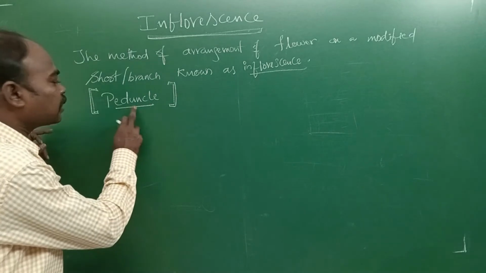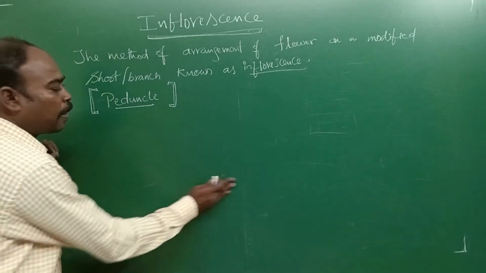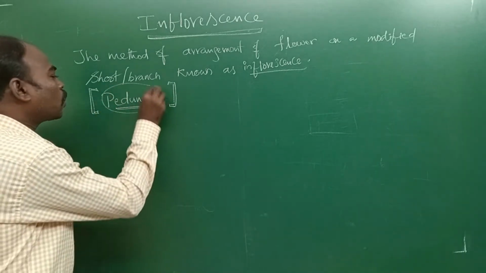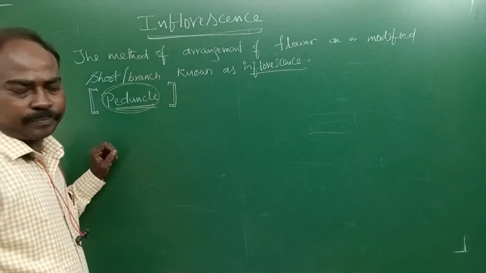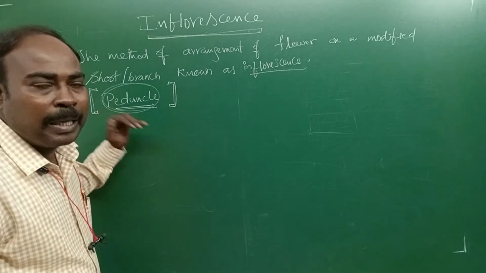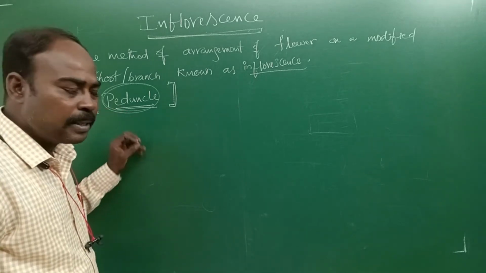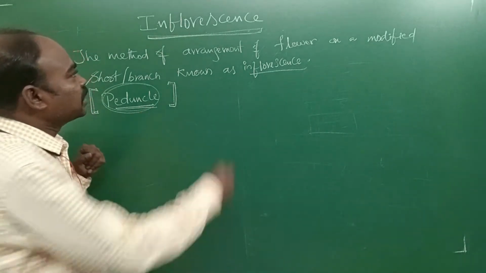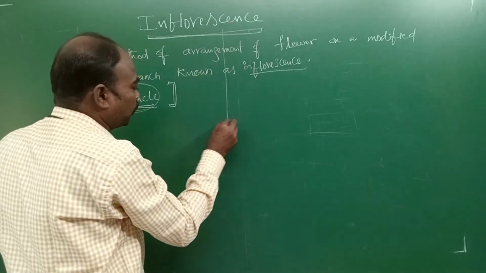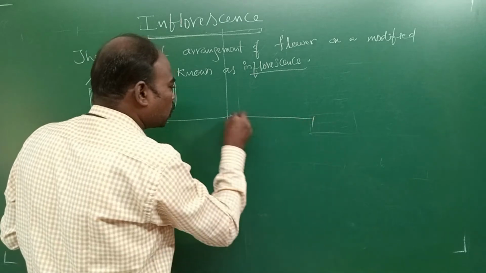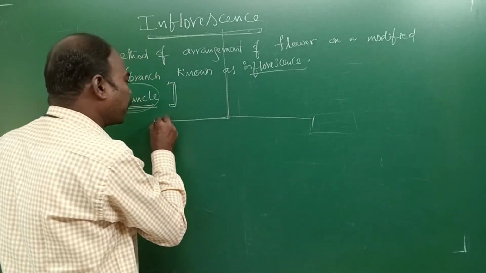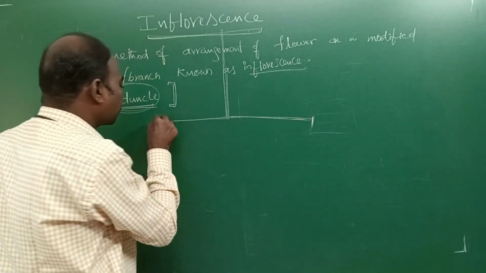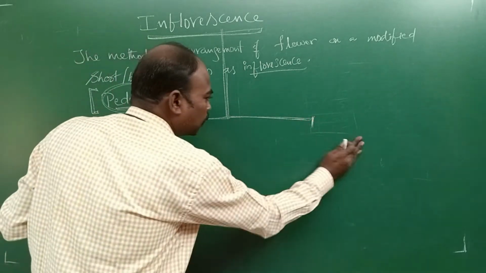Here the peduncle is a modified axis. Based on continuous growth or limited growth of the peduncle, the inflorescence is broadly classified into two types.